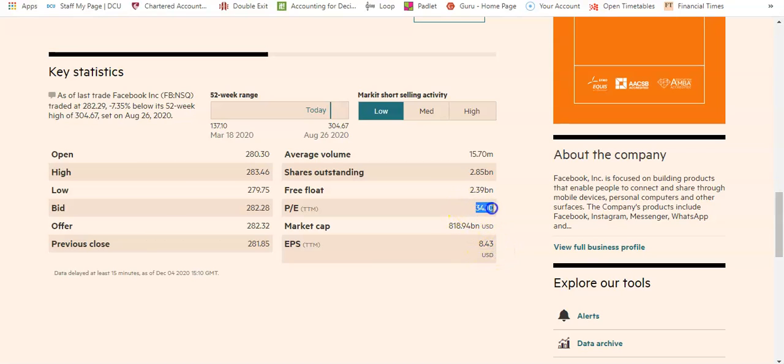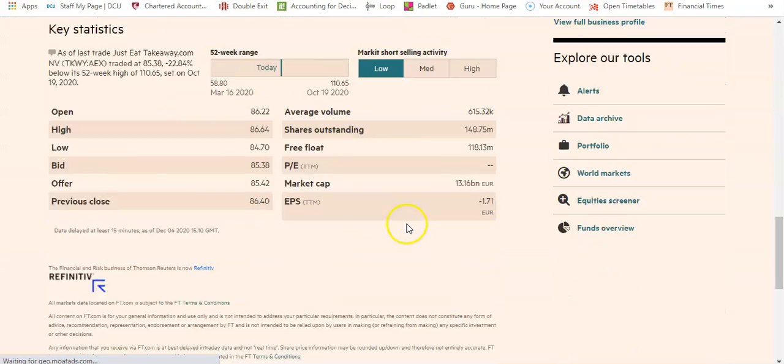They're trading at 34 times earnings. So even though they're only earning $8 a share in earnings, people are willing to pay $280 for a share. So you have to get an idea here, why are people willing to pay so much? Because it's based on future growth. You get in now because you expect that earnings figure to be higher in the future. Same with Just Eat.